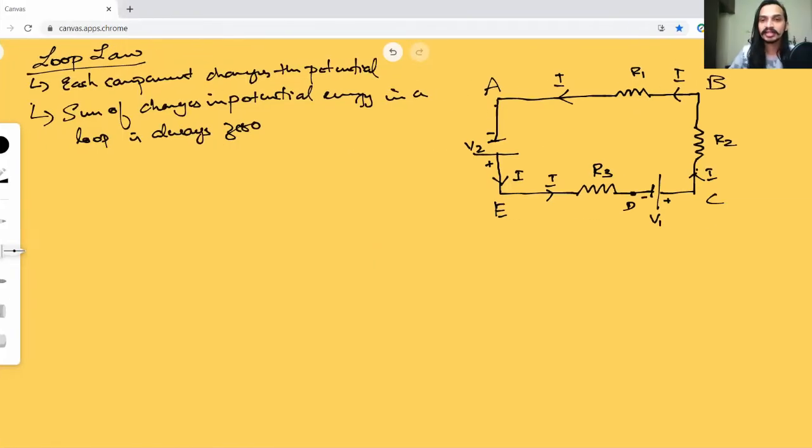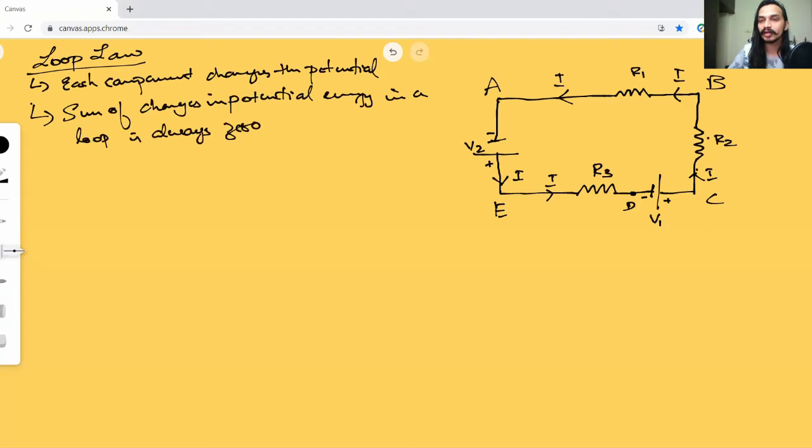If I look at this circuit and take my loop starting from A, I'll go from A to B, B to C, C to D, D to E, and from E back to A. That is a complete loop from start to finish. Each point is taken keeping one component in mind. A to B is only because there's one component in between, the resistor R1.